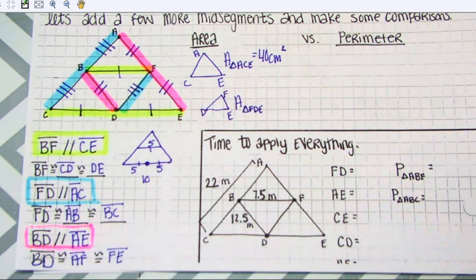Let's say that the whole entire triangle has an area of 40. But only one of those small triangles I want to know the area of. What should I do with the area of all of it if I just want a little part of this one?